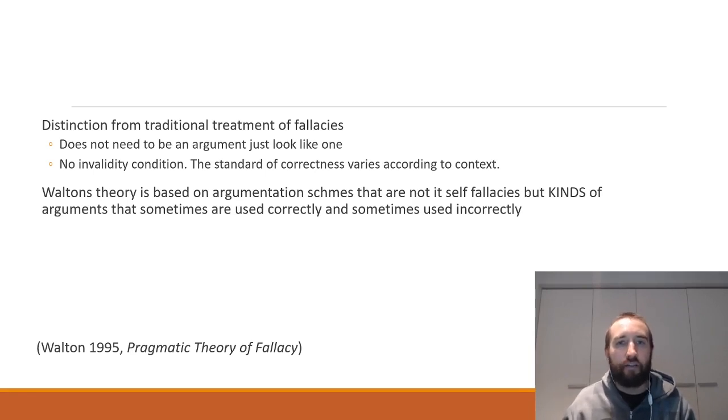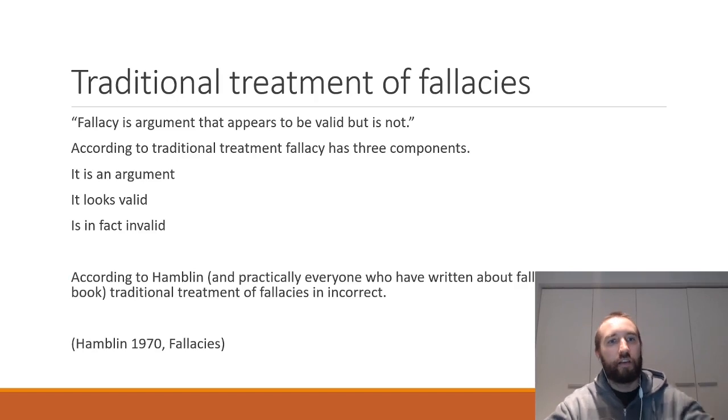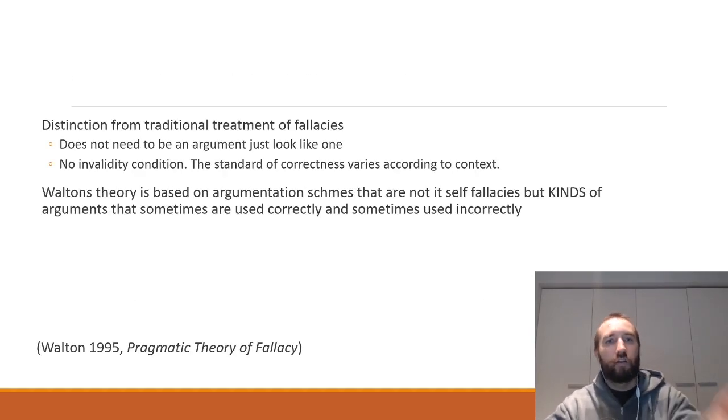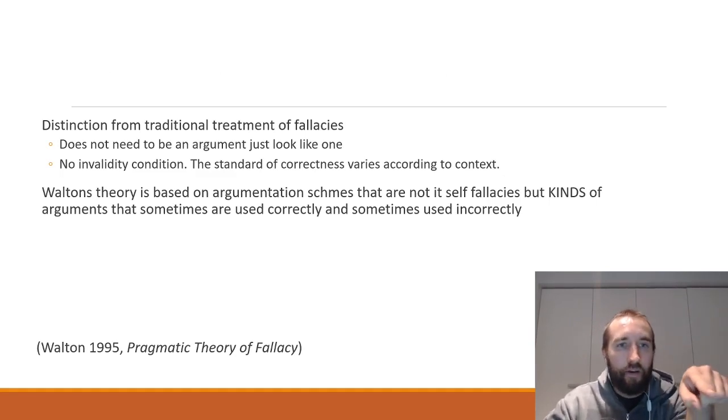I did write there that it looks like one, but the correct way of saying it would be that it claims to be an argument. It just needs to claim to be an argument, and it doesn't have an invalidity condition.